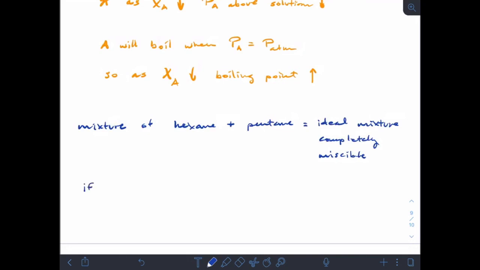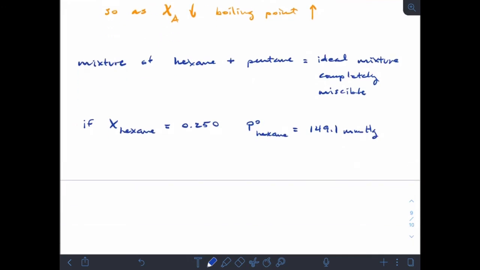Okay, so if the mole fraction of hexane is 0.25, so roughly 1/4 of the mixture is hexane, and the vapor pressure of pure hexane, so the P0 of hexane, is 149.1 millimeters of mercury, then the amount of hexane in the vapor, the vapor pressure of the hexane alone, is just the mole fraction times the pure hexane.